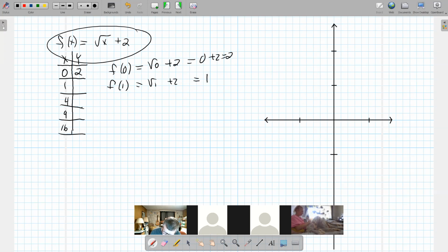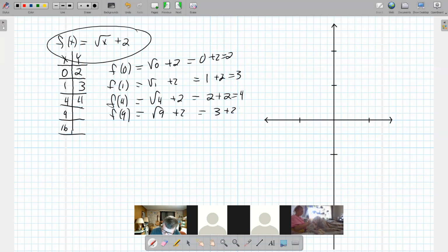Well, the square root of 1 is 1, and 1 plus 2 is 3. f of 4 is the square root of 4 plus 2, which is 2 plus 2, which is 4. f of 9 is the square root of 9 plus 2, which is 3 plus 2, which is 5. And f of 16 is the square root of 16 plus 2, which is 4 plus 2, which is 6.